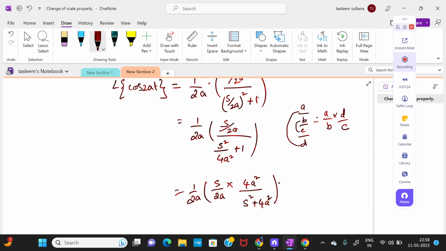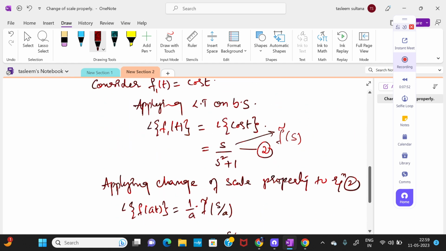Yes, ma'am, I got it. You just simplified the denominator, right? Yes, we are simplifying the denominator. Good. Now when you multiply this, it is going to be 4a square, so this and this will get cancelled. It is equal to s divided by s square plus 4a square.